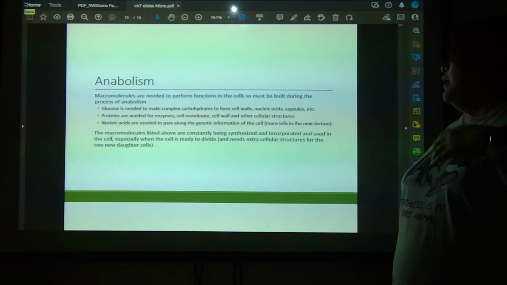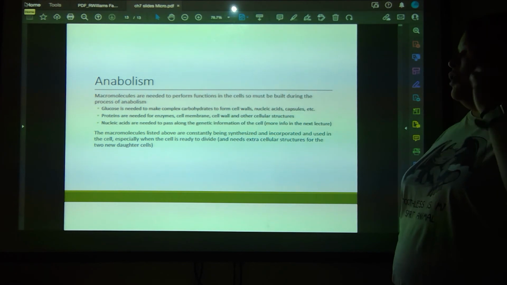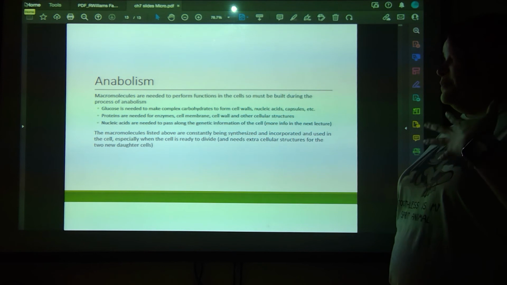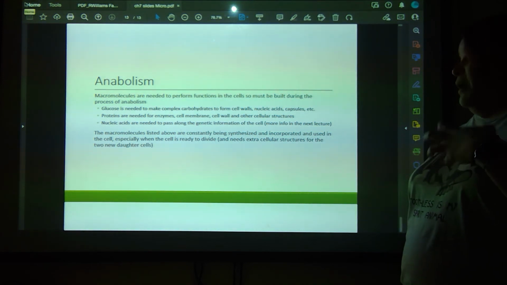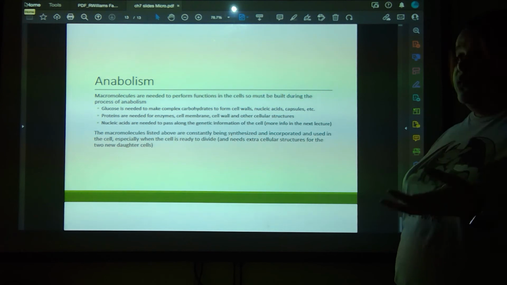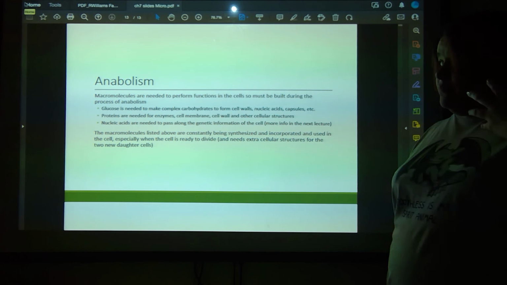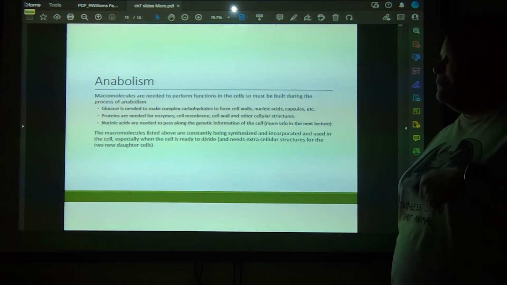The macromolecules listed above are constantly being synthesized, constantly being made and incorporated into other things or used in the cell, so that my cell lives, my cell functions.